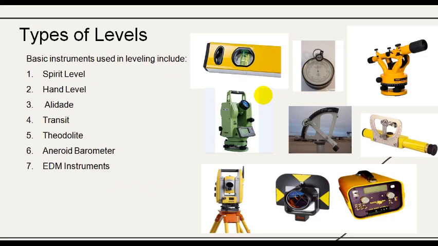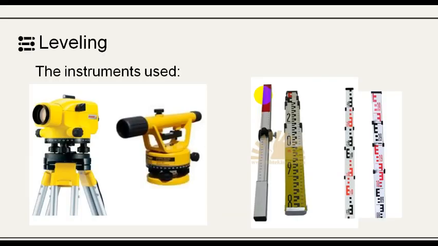Next is the types of leveling. So the basic instruments used in leveling are the spirit leveling, hand level, alidade, transit, theodolite, aneroid barometer, and EDM instruments. Also, the equipment used in conducting leveling comprise of these level instruments and the graduated staff.